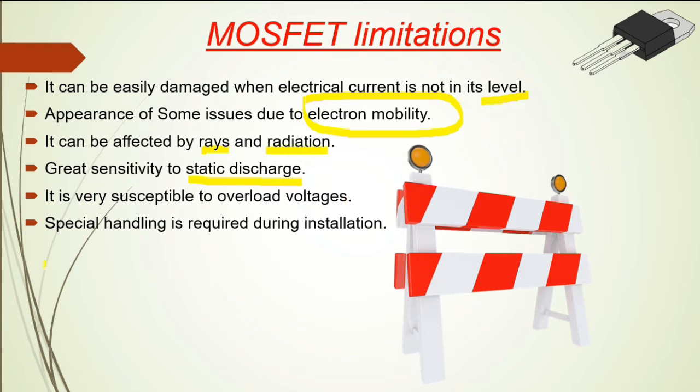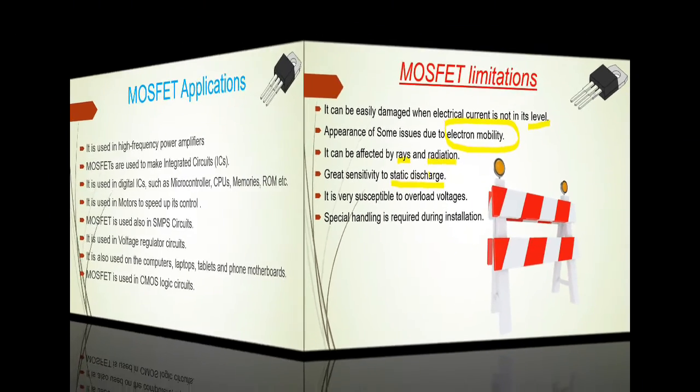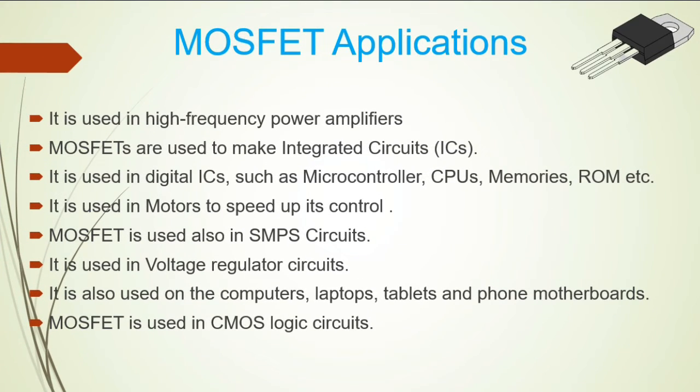Okay? So the next limitation is that special handling is required during installation in order to avoid static discharge and then damage to the MOSFET. We're going to see the MOSFET applications.